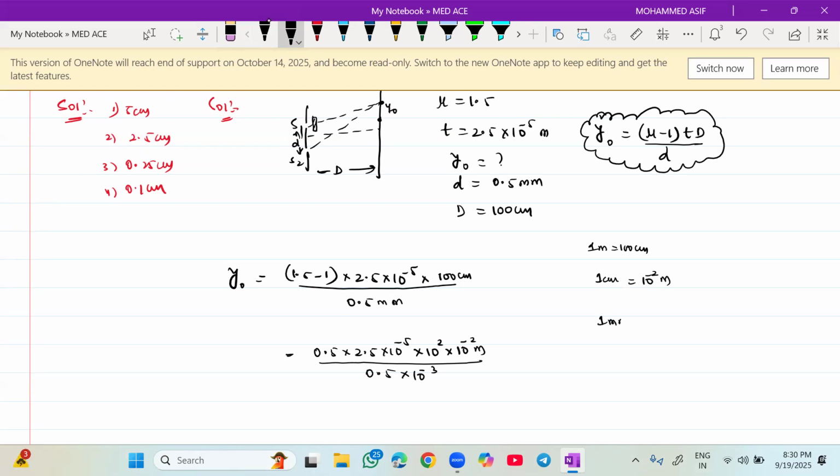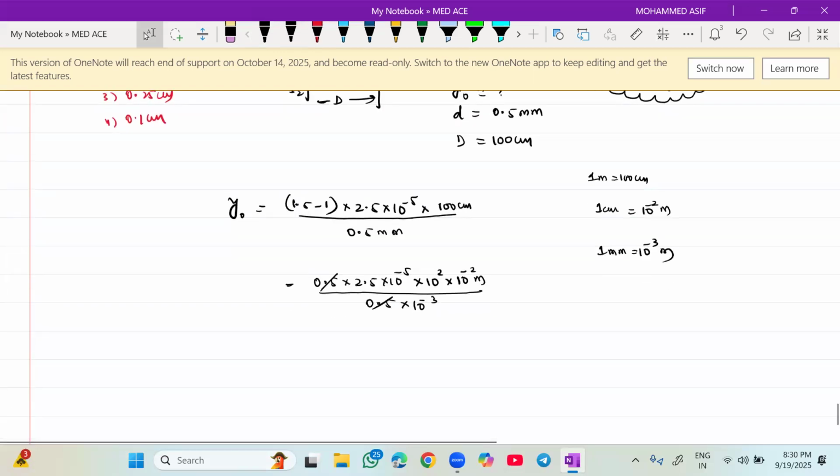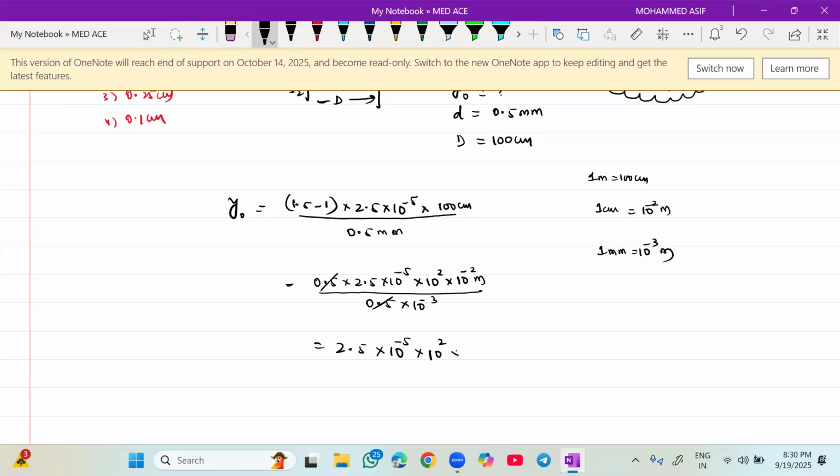Remember, 1 mm is equal to 10 power minus 3 meters. 0.5 will get cancelled here. This value will be equal to how much? 2.5 into 10 power minus 5 into 10 power 2 into 10 power minus 2 into 10 power plus 3.